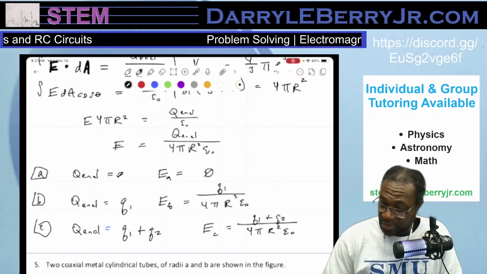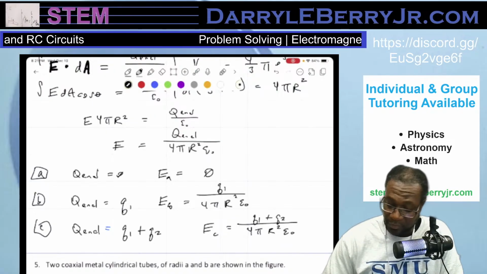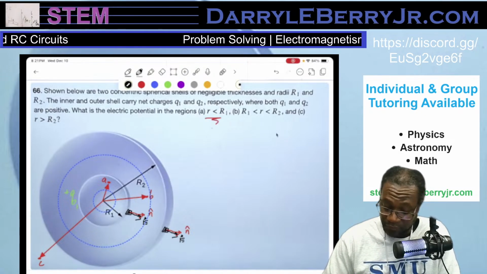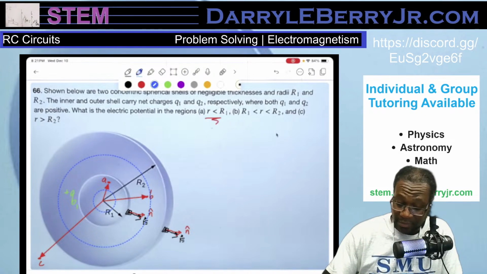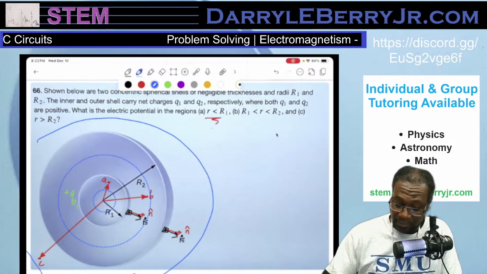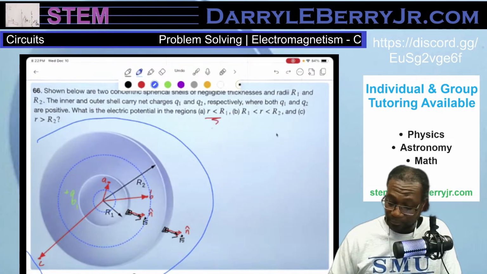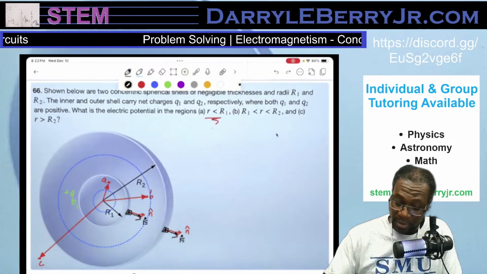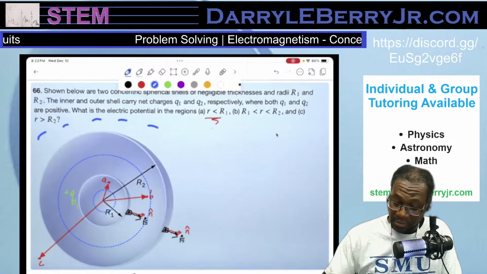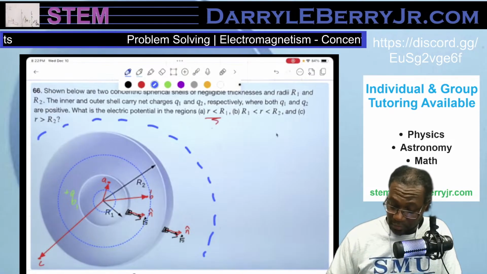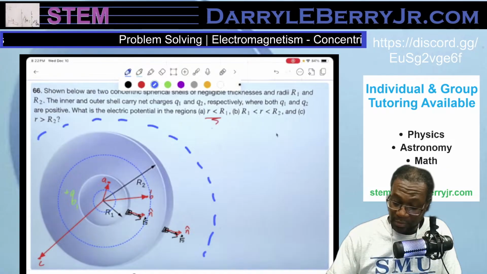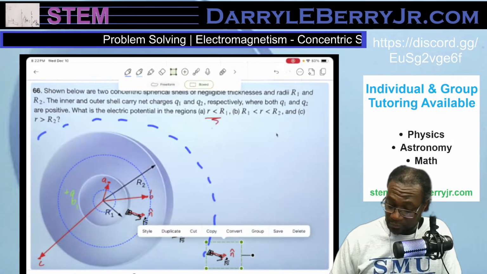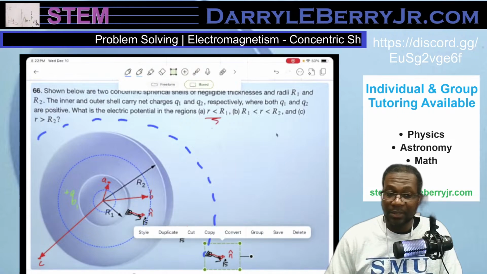So that should be the electric field in each of those areas, within both concentric spheres, between the two concentric spheres, and the last Gaussian surface would be out here. This would also have its own Gaussian surface and E that's coming out of that. So there we go.